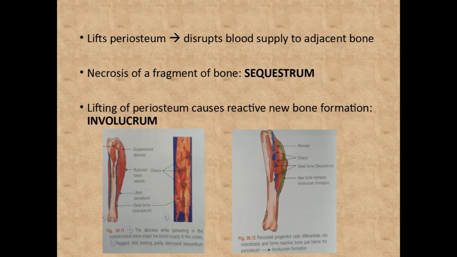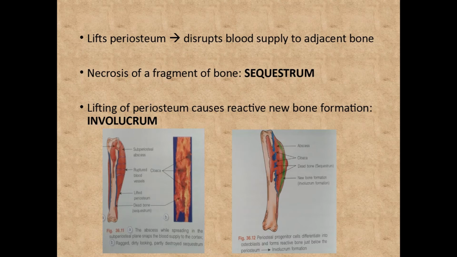Now what happens, as more and more exudate keeps forming, the subperiosteal abscess that is collected will keep on lifting the periosteum from the surface of the bone. And in the blood supply, when we saw that the nutrient artery enters through the periosteum and then supplies blood to the bone, right?